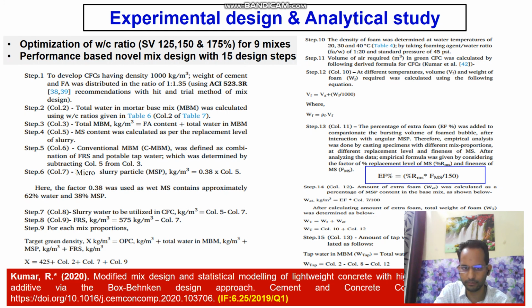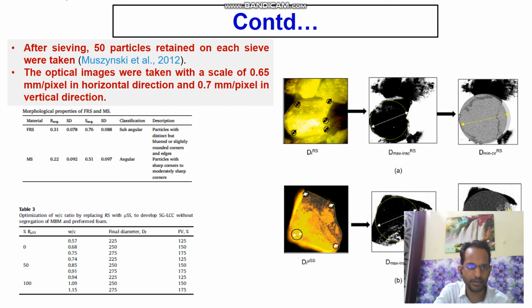This is a unique design which I have developed, and which was published in Cement and Concrete Composites in the year 2020. In this, the critical parameter was extra foam, because the microfine sludge particles were angular, as you can see in the previous slides.